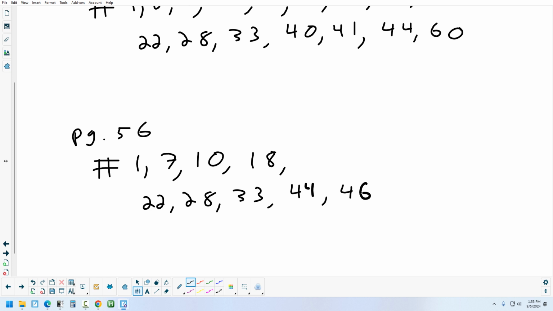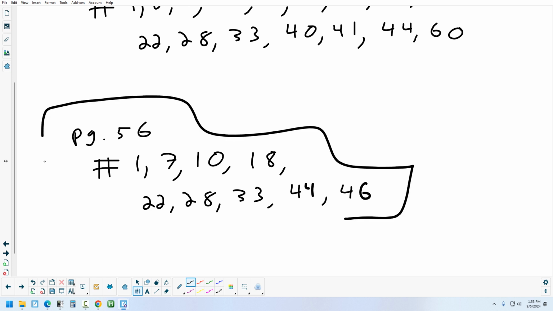Right, so that's the homework, just this part on page 56. So we'll take a look at that tomorrow, no test tomorrow. I will also be here after school for extra help. If anybody needs help with anything, calculator stuff, whatever you need help with.